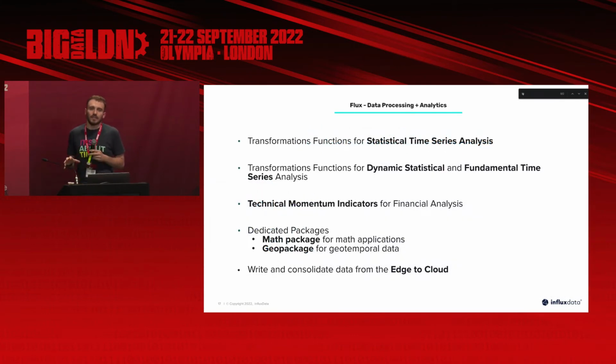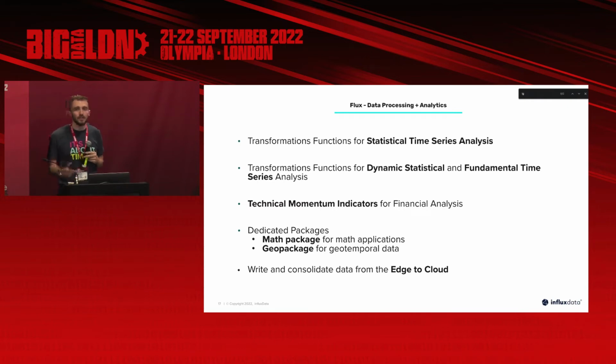Flux has a number of inbuilt functions and tools that you can utilize directly out of the box. You basically just include them like a Python library, and they're one line of code to use alongside your data. We have transformation functions for statistical time series analysis. Your basic ones: correlation, covariance, standard deviation, quantile, spread.